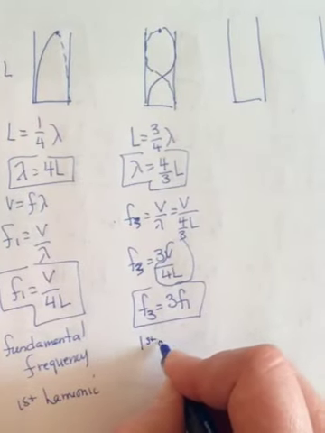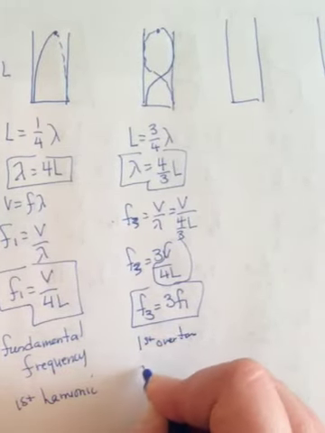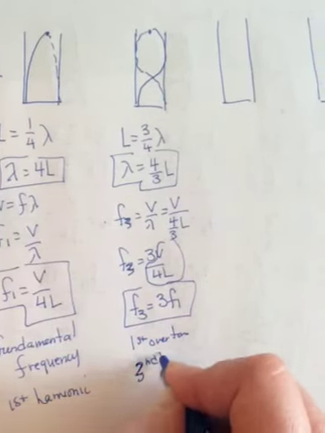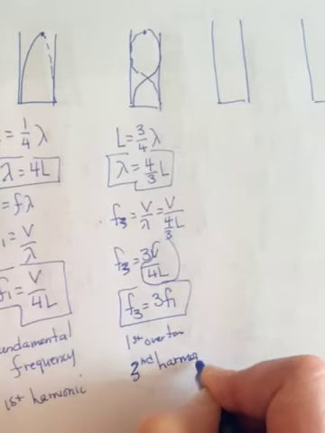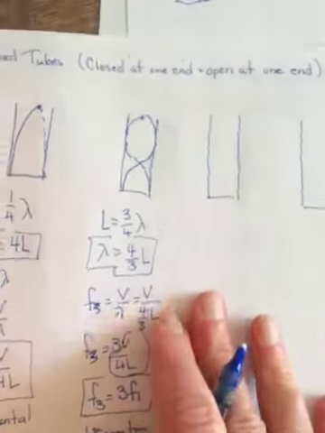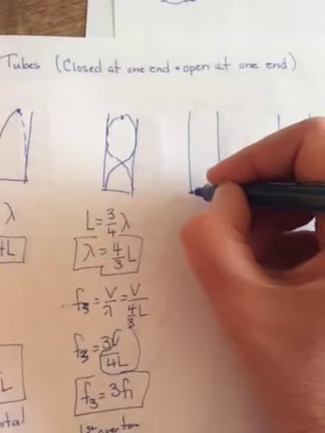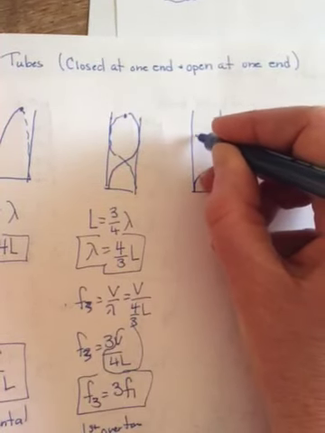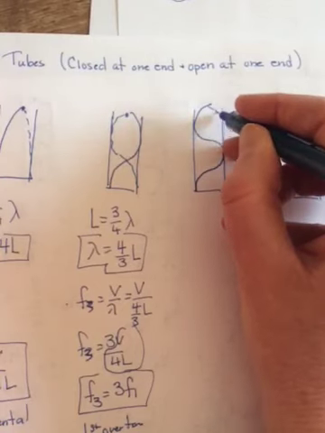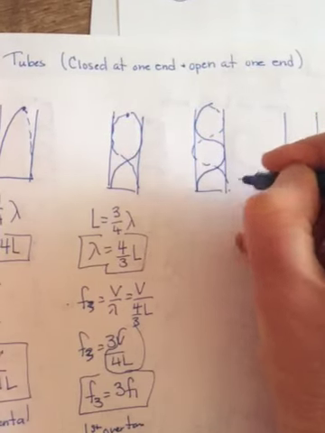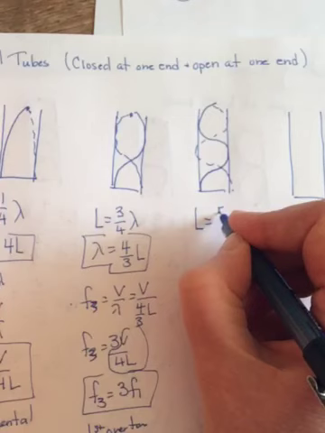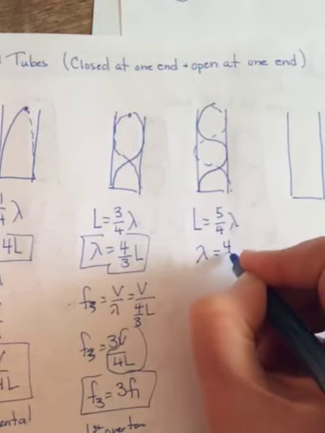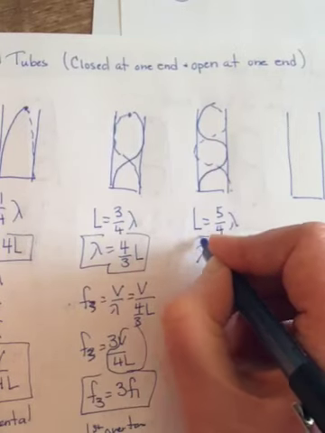This is the first overtone, or the third harmonic. Harmonics always match the number. That's why I like them better than overtones. For the next one, add another half wavelength. So we have L is equal to 5/4 lambda, or lambda is equal to 4 over 5L.